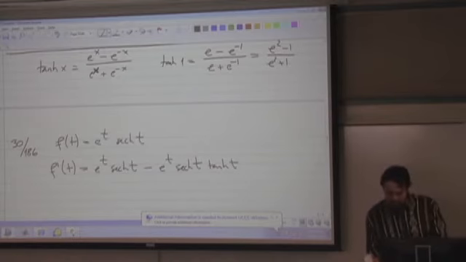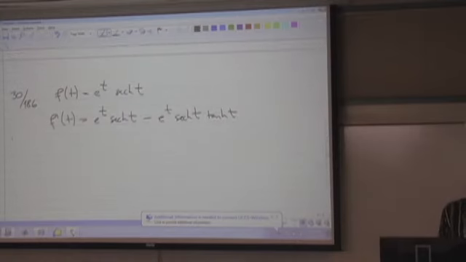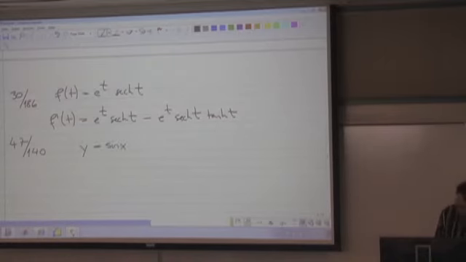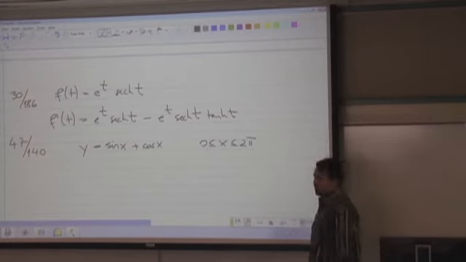At what points on the curve y equals sine of x plus cosine of x, 0 is less than or equal to x is less than or equal to 2 pi, is the tangent line horizontal? So at what point is the tangent line horizontal?